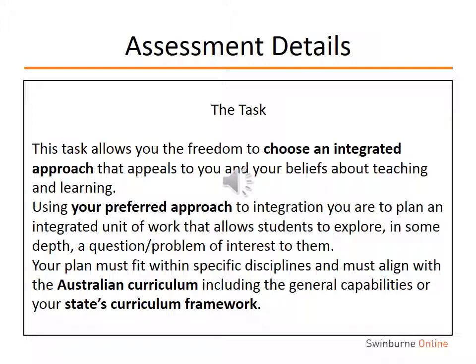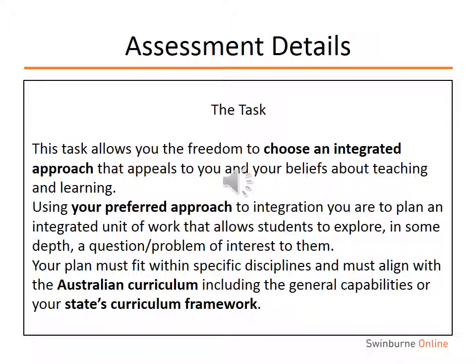Now, when you are choosing which activities and which topic you're going to be looking at, will you be just choosing off the top of your head? No. You must fit this into the Australian curriculum. All decisions we make about what children learn need to come from the curriculum. We cannot just choose something and teach it to children.